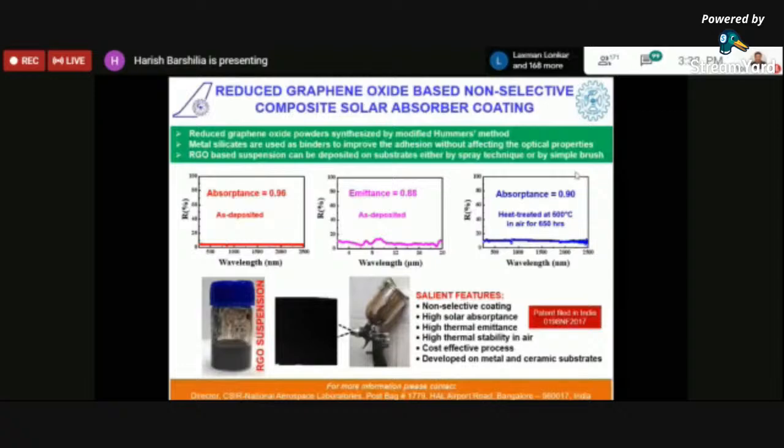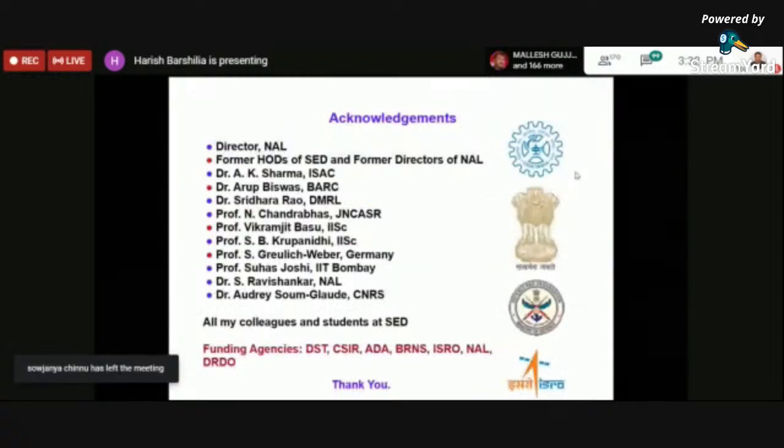This powder can be dispersed in a suitable medium, and you can find various applications. You can form various coatings out of these kinds of materials. So this is what I wanted to share with you.